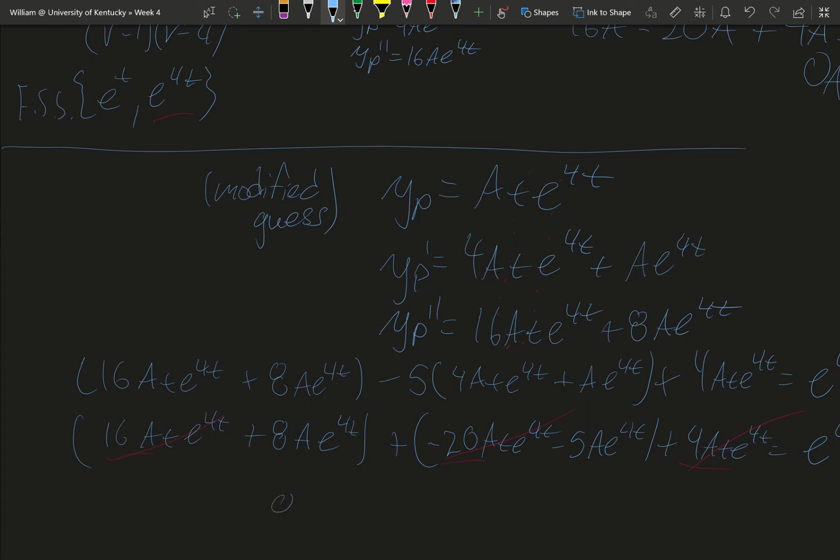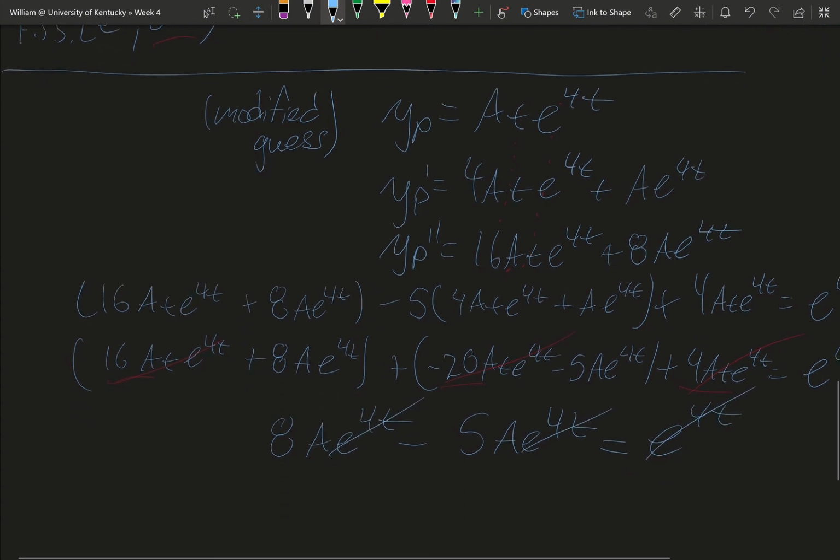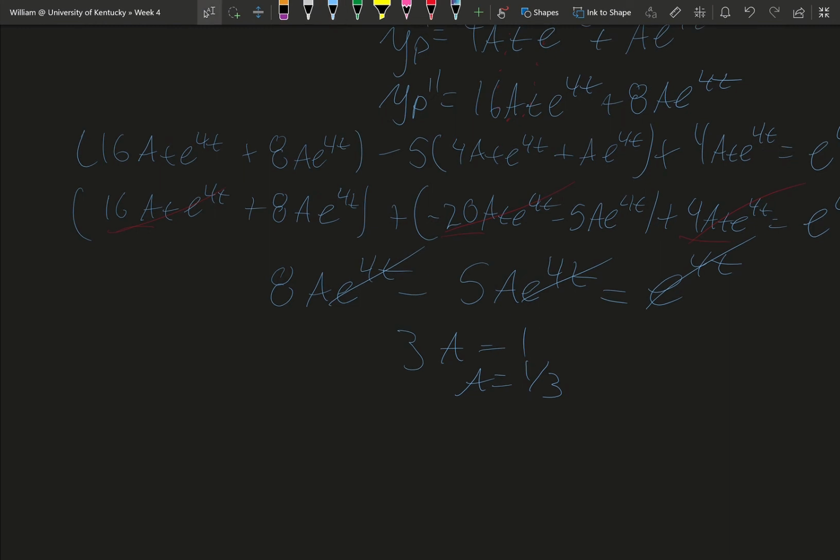So we have 8a e to the 4t minus 5a e to the 4t equals e to the 4t. Again, we'll divide through and we get 3a equals 1, so a equals 1/3. Our particular solution is 1/3 t e to the 4t.